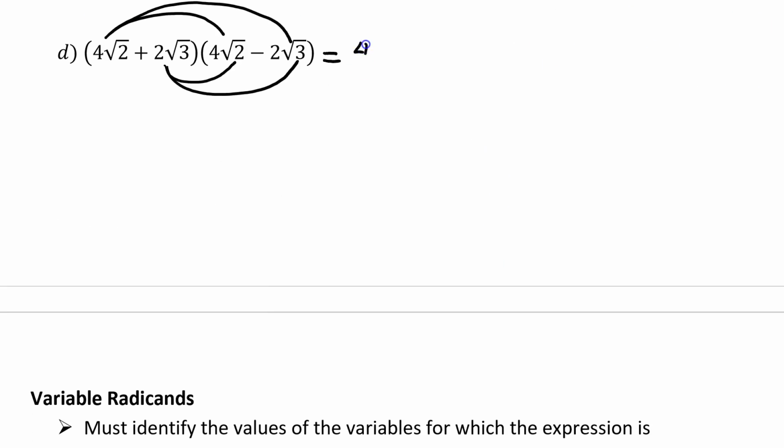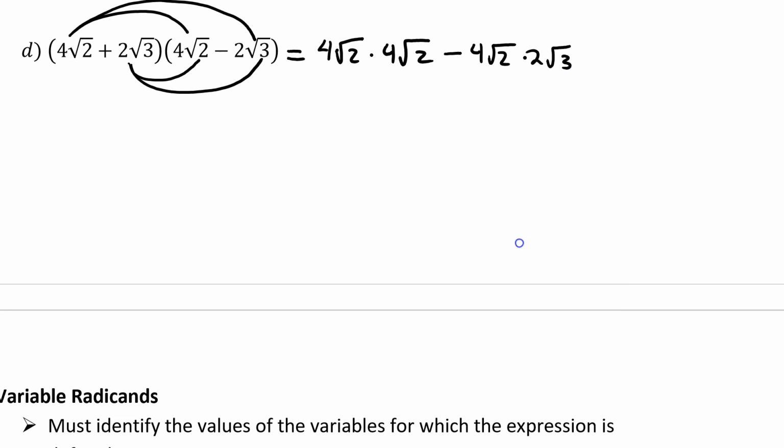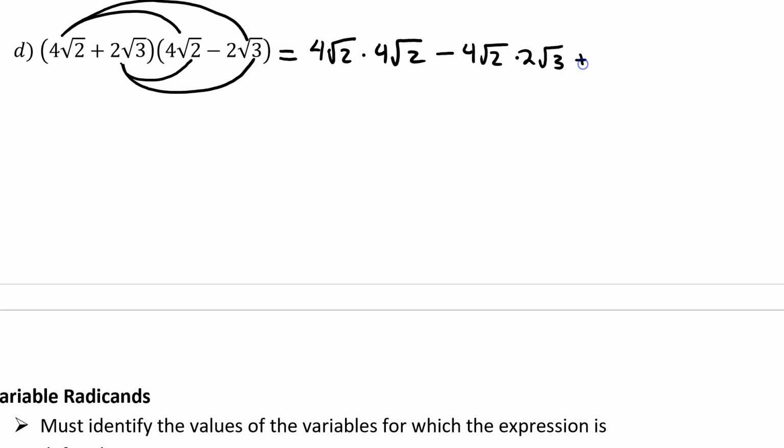So I'm saying 4 root 2 times 4 root 2 minus 4 root 2 times 2 root 3 plus 2 root 3 times 4 root 2 minus 2 root 3 times 2 root 3.